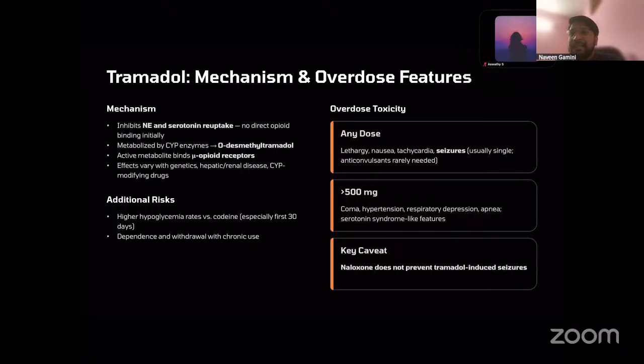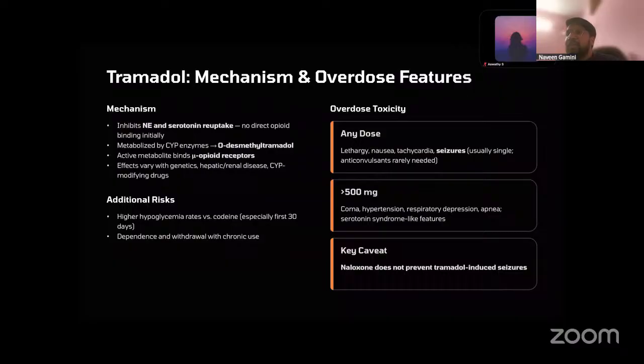Next, what are the additional risks? Tramadol can cause higher hypoglycemia rates as compared to codeine in the first 30 days. Also, tramadol causes dependence and withdrawal with chronic use. Suppose there's an overdose toxicity of tramadol. What does it cause? The usual lethargy and nausea can be seen, but a specifically important point to be noticed is seizures. They will usually be single, and anticonvulsants are rarely needed.